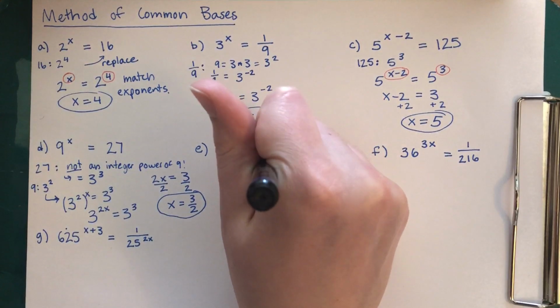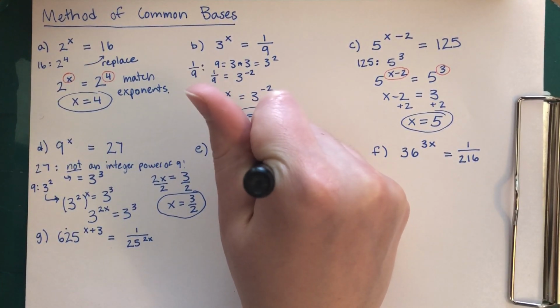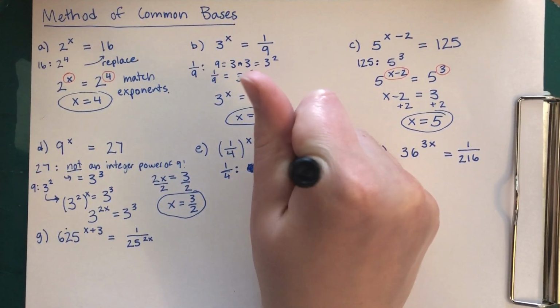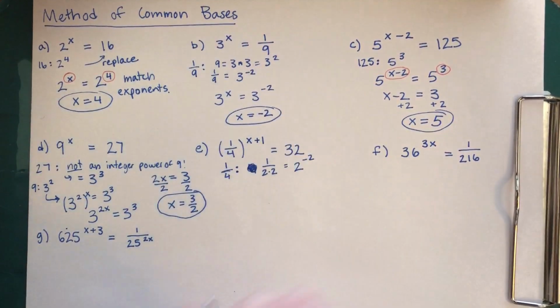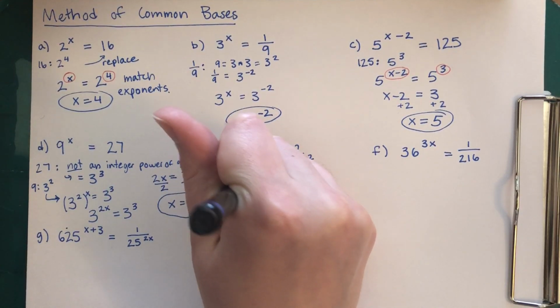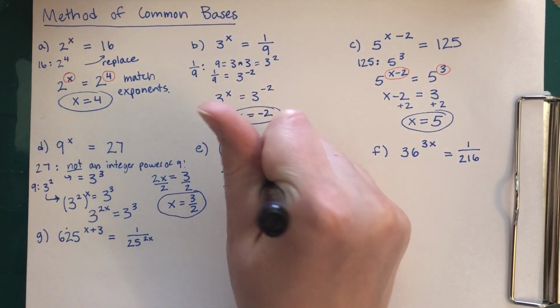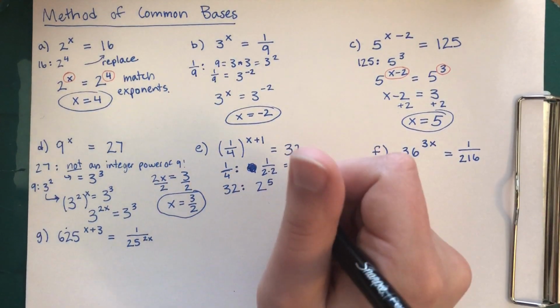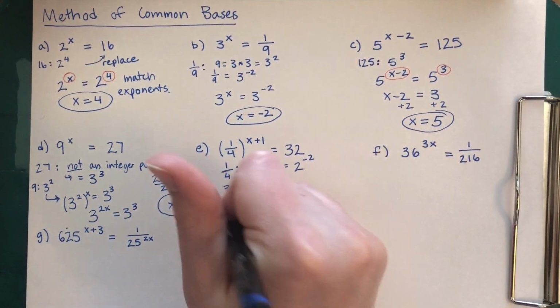So 1/4 is 1 over 2 times 2. So that's 2 to the negative 2. And 32 is 2 to the 5. So I'm going to replace 1/4 with 2 to the negative 2.